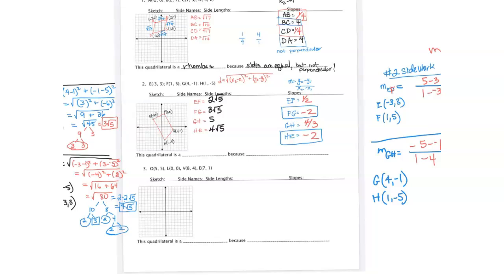Okay, so this quadrilateral is a trapezoid because it has one set of sides that are parallel.